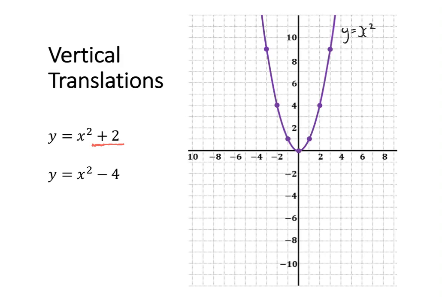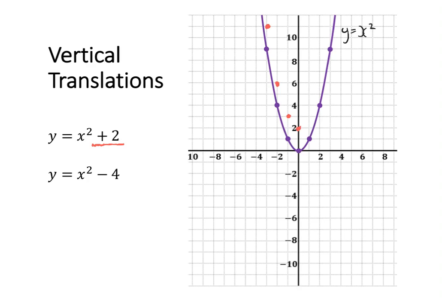So -3 and 9 will become -3 and 11. -2 and 4 will become -2 and 6. -1 and 1 will become -1 and 3. And our turning point moves from 0 to 2.